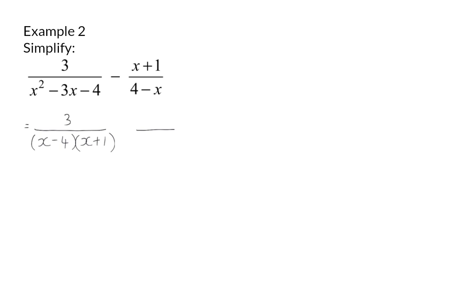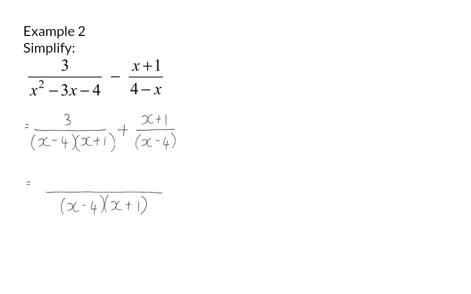So we can manipulate this by writing x minus 4. But if we do this, it means we've changed the sign of both the x and the minus 4 by taking out a minus as a common factor, which means the sign in front of the fraction should change. So here, our common denominator consists of the factor x minus 4 and x plus 1.